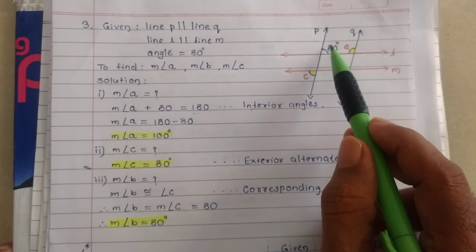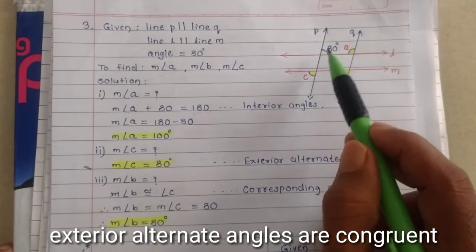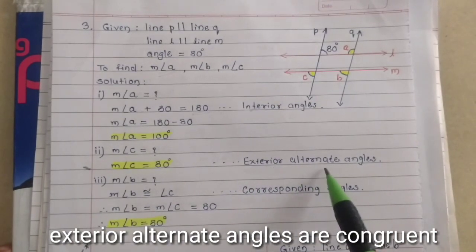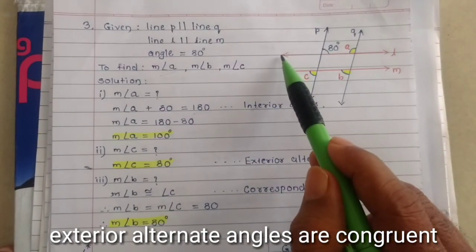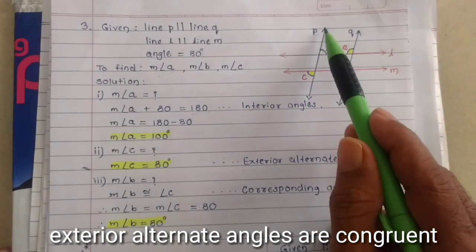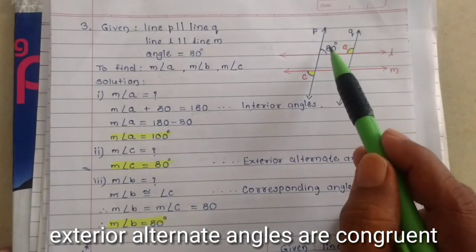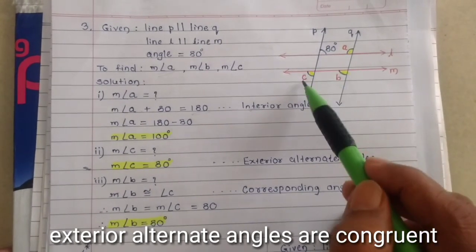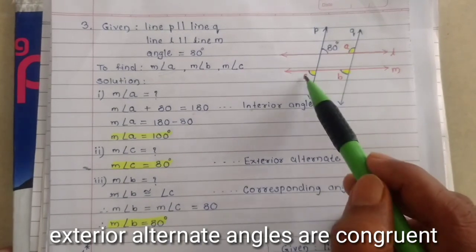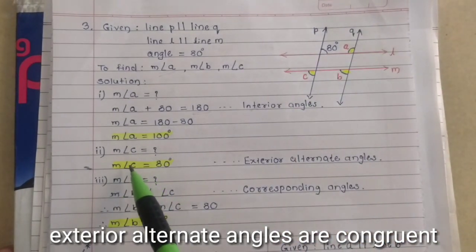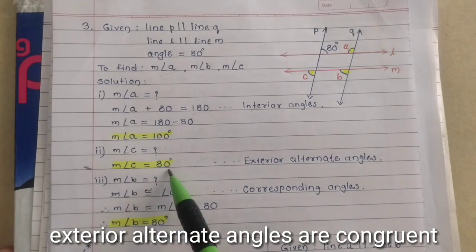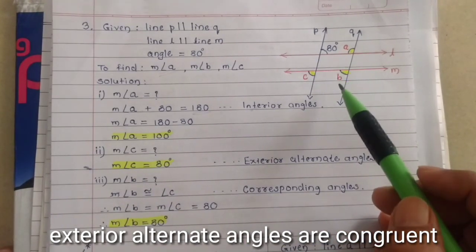First, angle C and 80 here. Exterior alternate angles, because both lines are parallel and this line P is a transversal. That's why both angles are exterior alternate angles, both are congruent. That's why the measurement of angle C is equal to 80 degrees. Okay, fine.